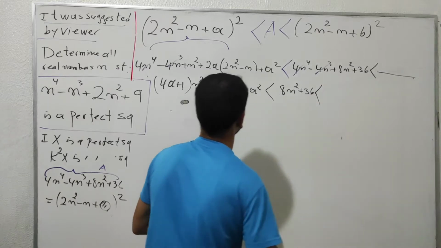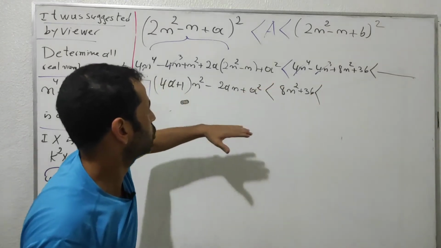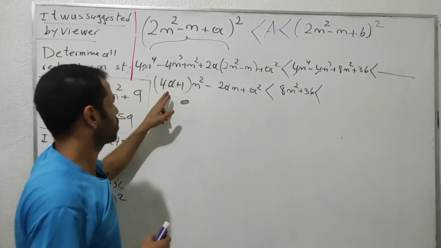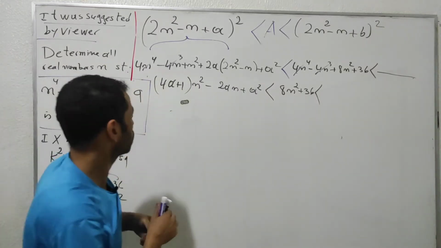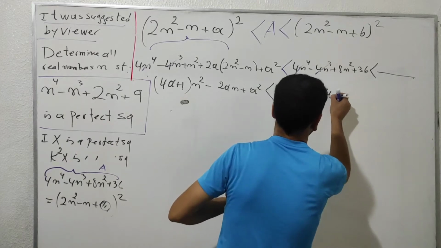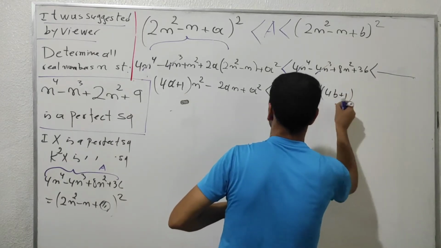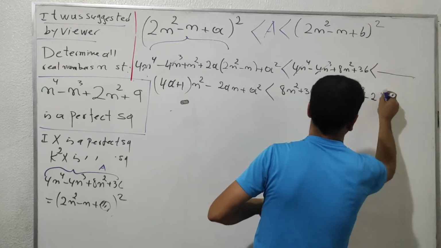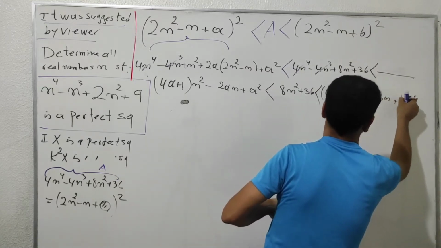We'll have the same thing for the second inequality, but instead of a, I'm going to put b. So we'll have (4b plus 1) multiplied by n squared minus 2bn plus b squared.